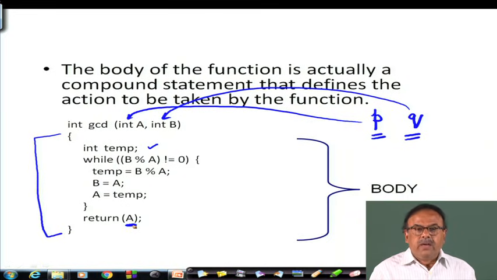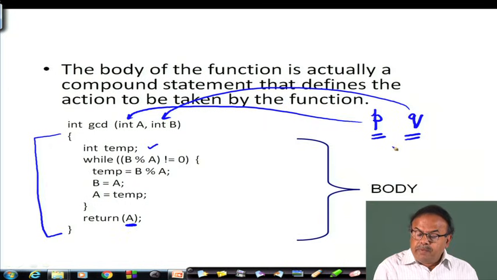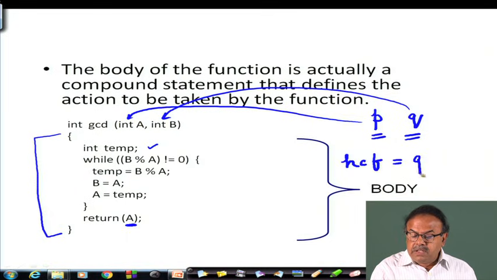Therefore, I cannot here just write simply return, I have to say return A. And maybe from the main function I had something like HCF is equal to GCD(P, Q).